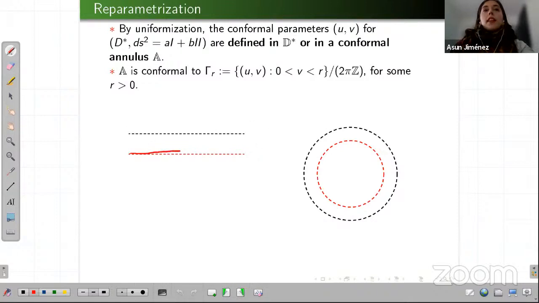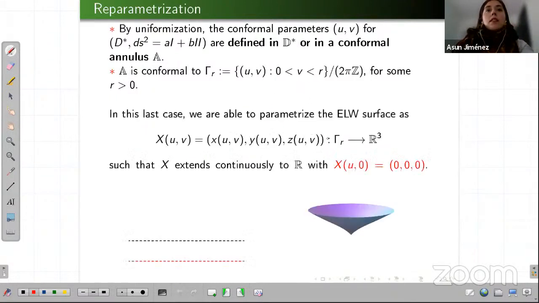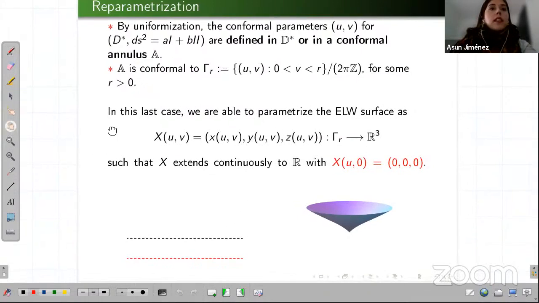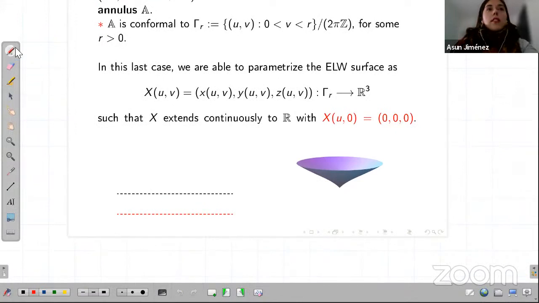Here, the red line will correspond to one part of the boundary of the annulus, which is mapped into the singularity. The singularity will correspond to this real line. And you have here a 2 pi identification to cover this annulus. You can consider your parameters U and V, this orthogonal system of coordinates.